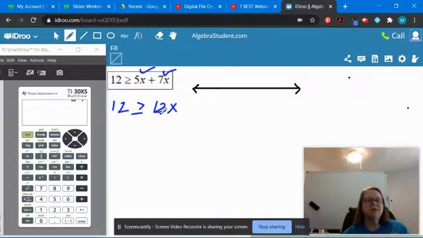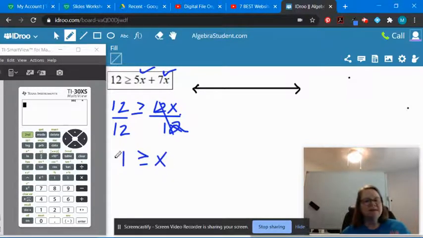Okay, so I'm going to solve by dividing by 12 on both sides because I have 12 times x. Over here, divide by 12. 12 by 12 is 1. Now this time I didn't divide by a negative, so the inequality stays just like it is, and I have x.